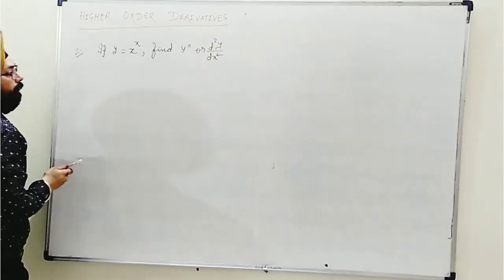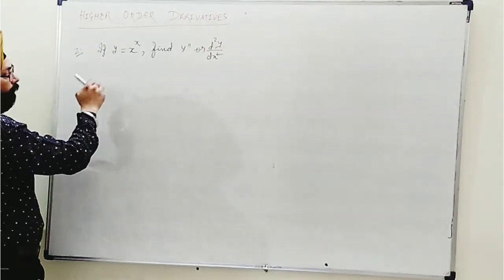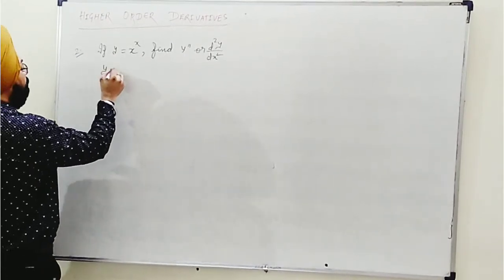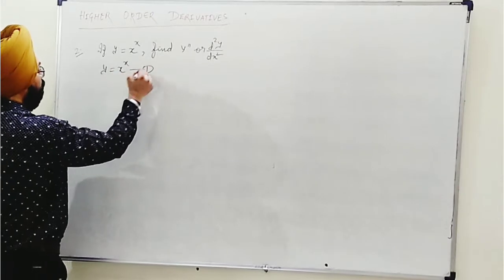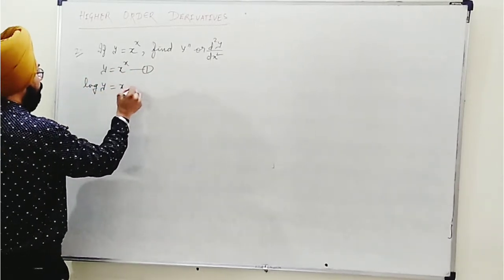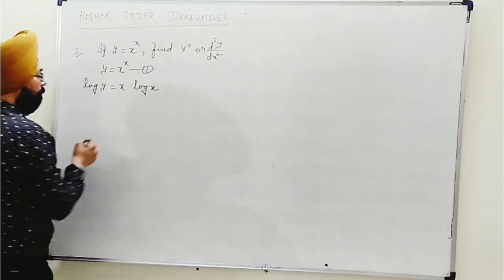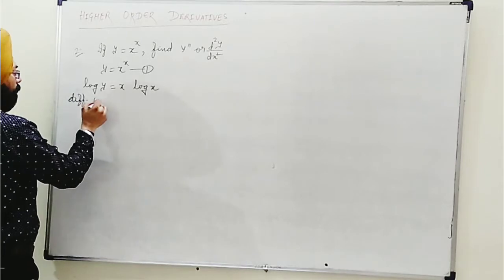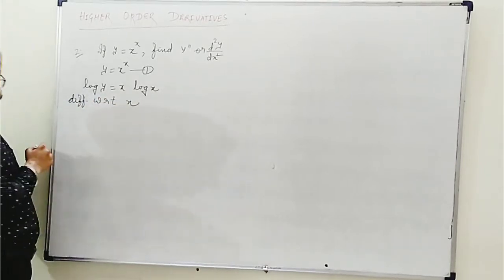How we do? Before we go ahead, as we know that whenever you are given such a function, this is single term. So y is equal to x to the power x being 1. We will take log of both sides. We will make it log of y equals x log x. After this we will differentiate with respect to x.